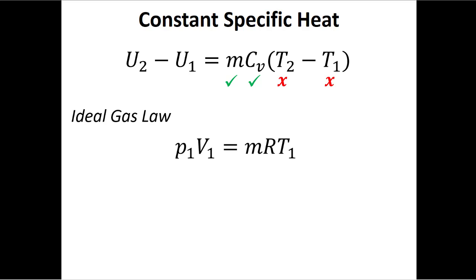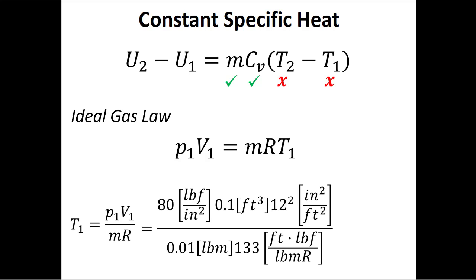So now I've got to use the ideal gas law. Now there's a couple different ways we can use the ideal gas law, but in this case, I'm going to look just at state 1, and I'm going to see that P1 times V1 is equal to mass times the specific gas constant times T1. The only thing I don't know in this equation is T1. So I'm going to put all of the information that I know into this equation.